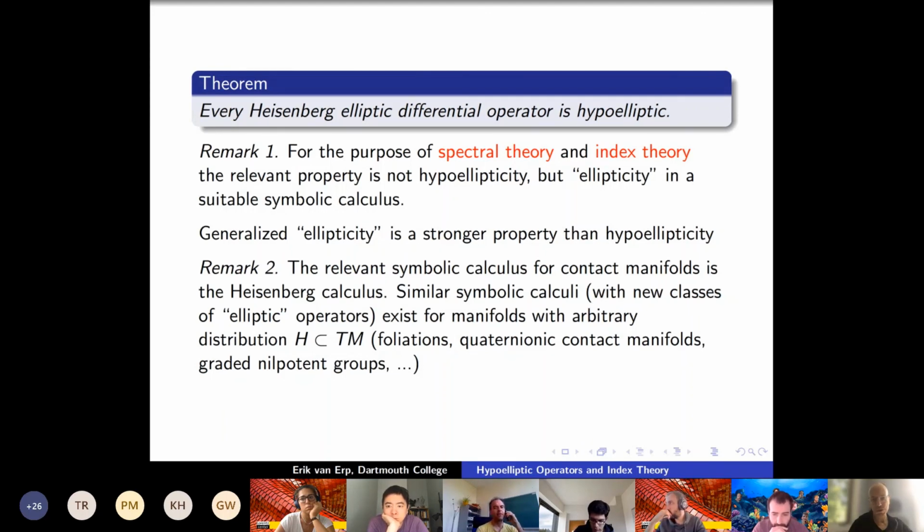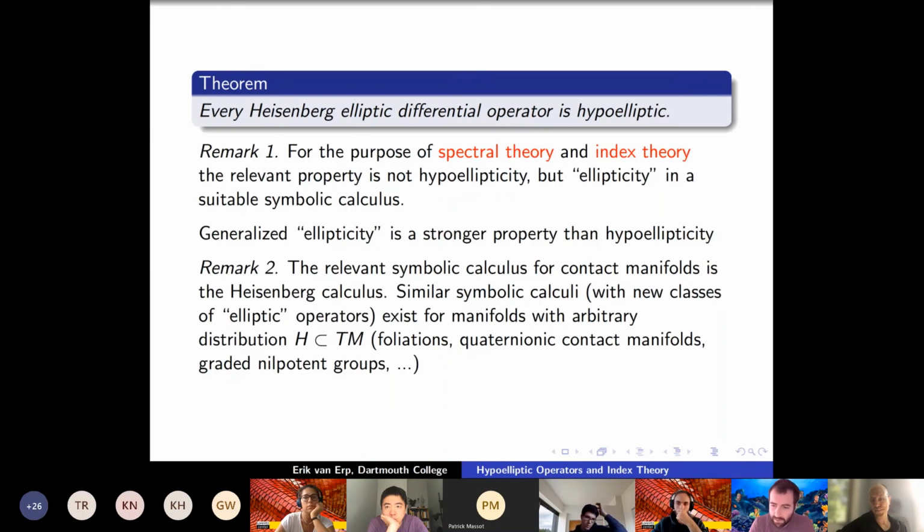Just some random examples: foliations, which will lead to operators that are a little bit like the heat operator. You can use quaternionic contact manifolds based on the quaternionic Heisenberg group, so they have a distribution of codimension 3, or any graded nilpotent group. So you can go crazy here. There's a vast area of hypoelliptic operators, and the theory goes through for all of those settings.